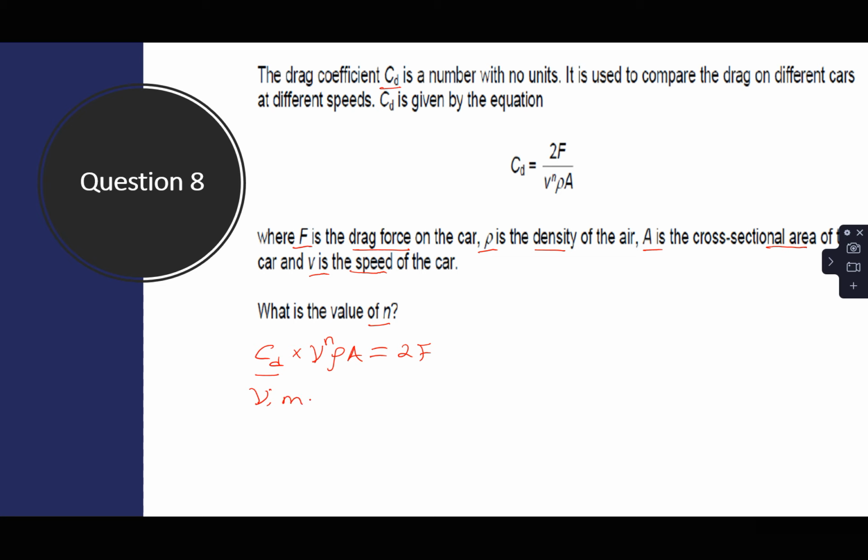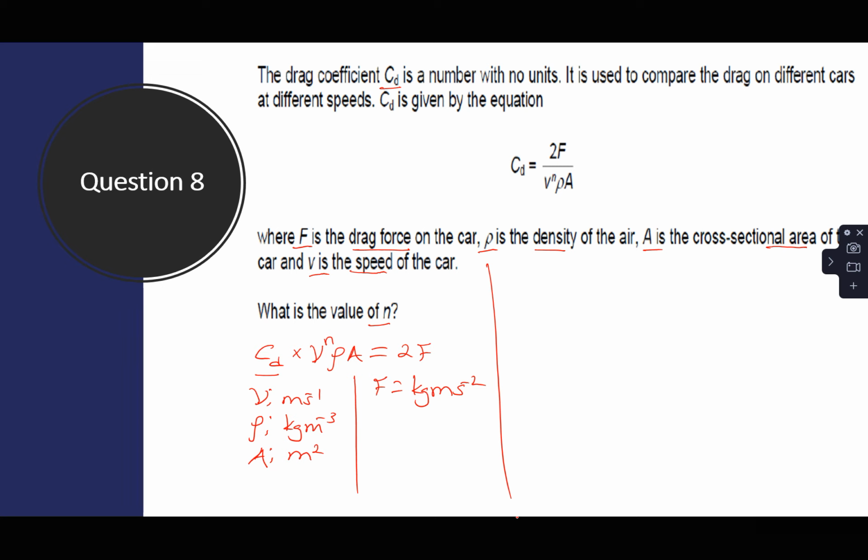Its base units will be meters per second. Rho is density. Its base units are kilogram per meters cubed. A is cross-sectional area. Its base units are meters squared. And F is force, drag force, that is mass times acceleration, so this will be kilogram meters per second squared. Now I can equate the base units.